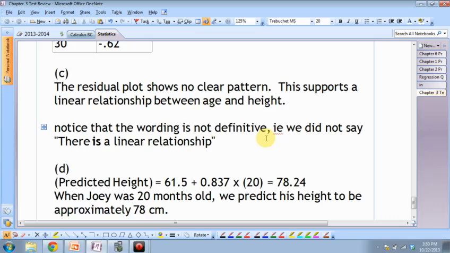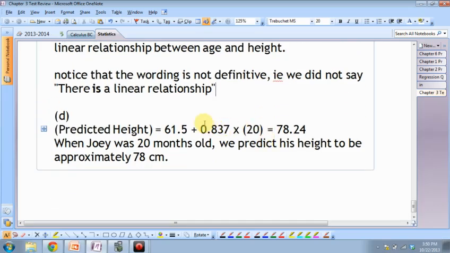That last part is to predict the height at 20 months, which is hopefully the easiest part of this. You just substitute 20 into the LSRL. You get 78.24. And then you write down a statement here. When Joey was 20 months old, we predict his height would have been approximately 78 centimeters.